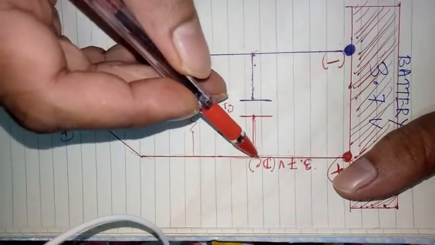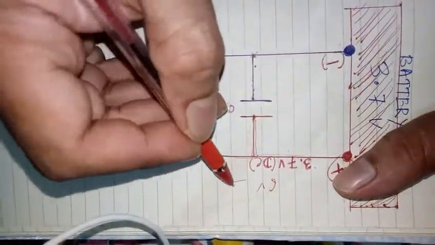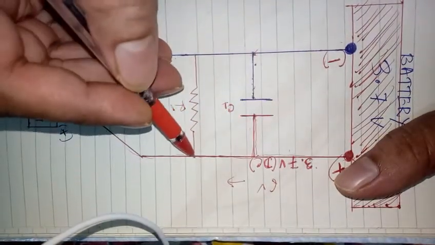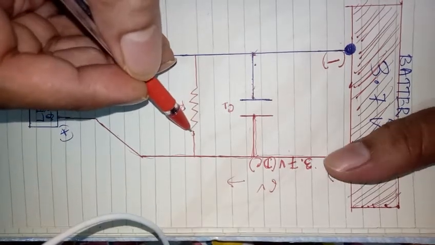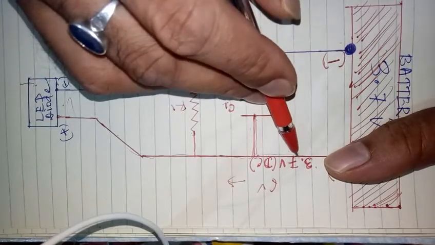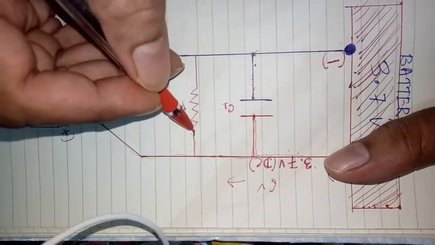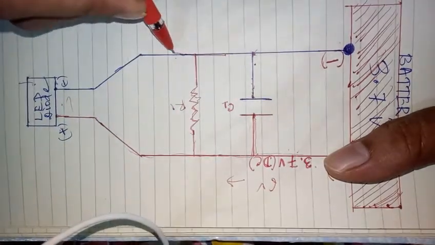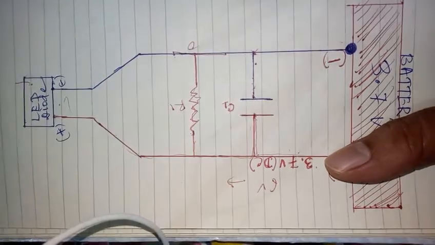Suppose we supply 6 volt towards this. The 6 volt is the excess over 3.7. It means the other 2.3 volt will be grounded through the HBR here, on the negative line. If it's grounded, it will be 0 here.